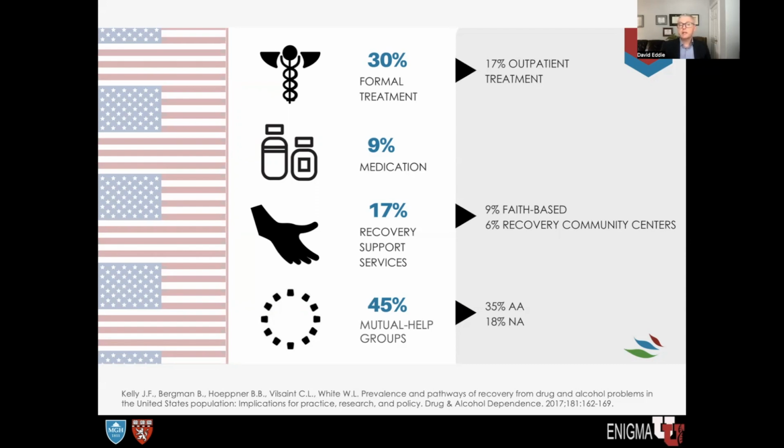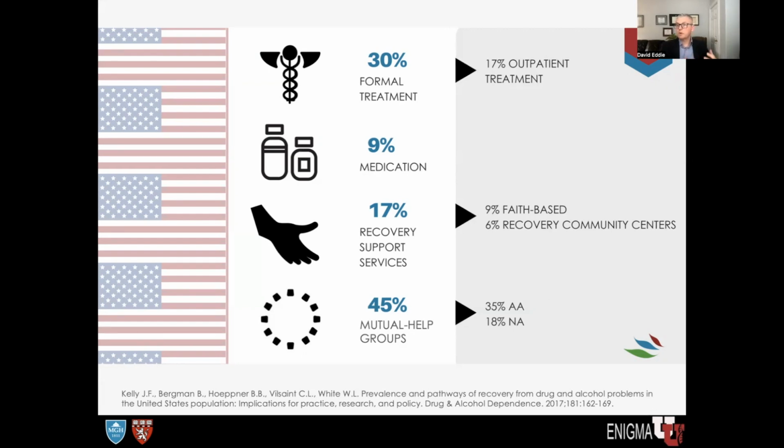And 45% used some kind of mutual help program like AA or NA. It's probably not too surprising that a lot of people recover through mutual help programs because they're really the most accessible and available, and they're also free to attend. So we know that the majority of people in America, at least, do find recovery through mutual help programs.